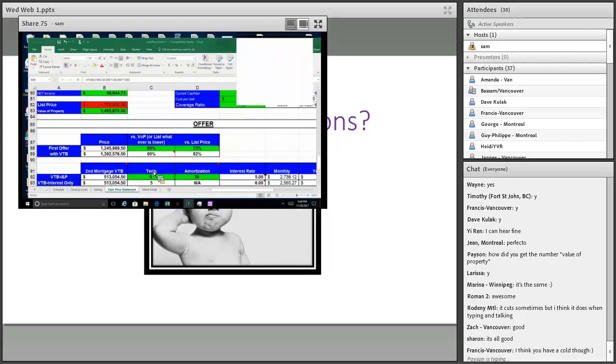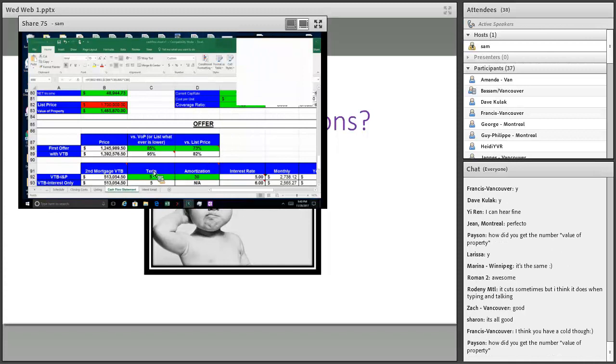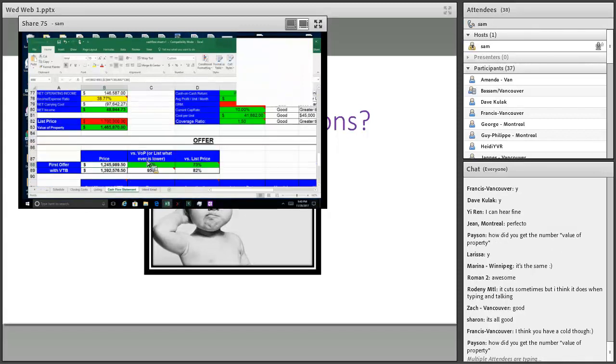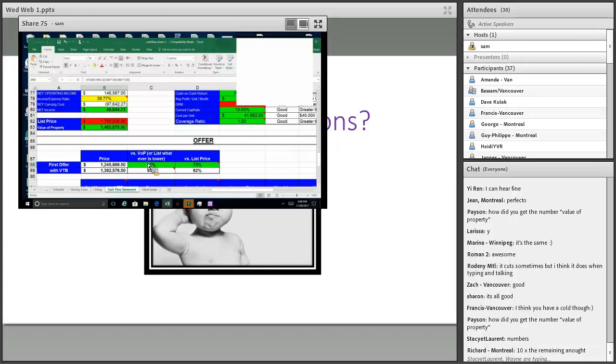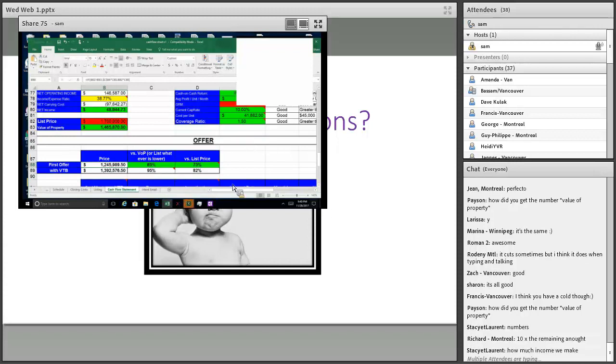Okay. So, how did you get the number of value of property? How do we get the value of property? Who can tell me? Ten times the remaining amount I think you're saying, which is pretty accurate.